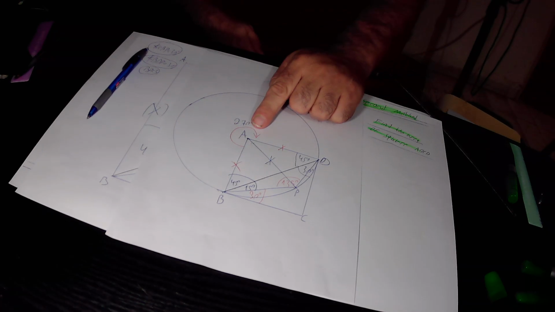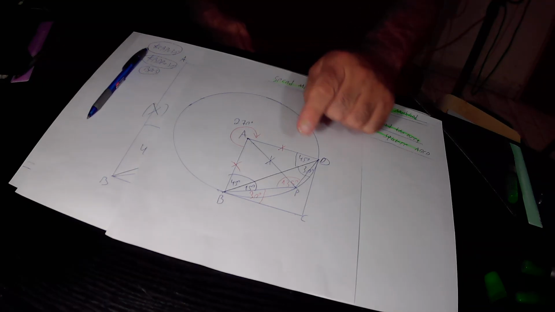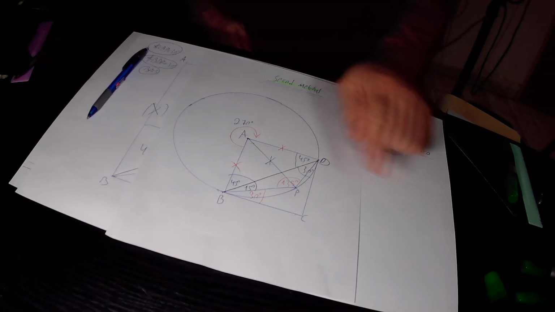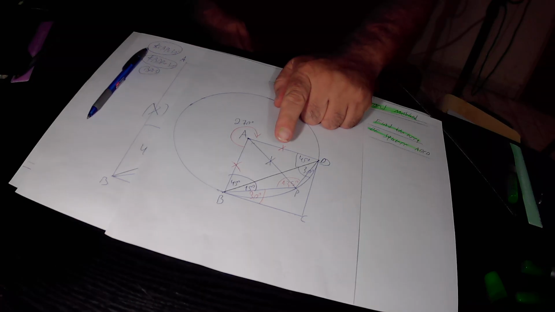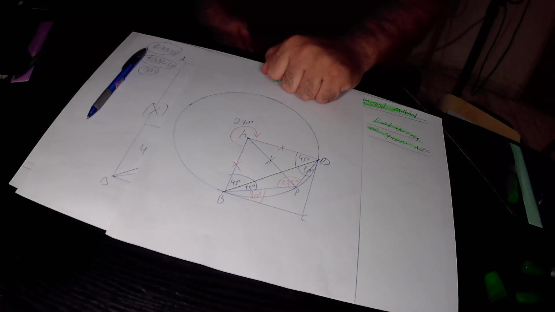Point A is the center of the circle, point P is a point of the circle itself, therefore AP is the radius of the circle, that is equal to x according to our definition.